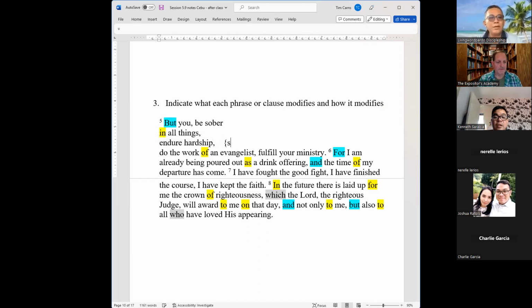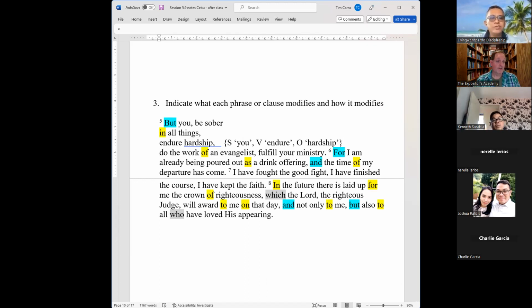The subject is still you here. The verb is endure, and there's an object here, hardship. All right, that's a clause. It's independent. So it would not go with in all things. It's not in all things endure hardship as one single phrase or clause, right? Endure hardship would be a separate clause.